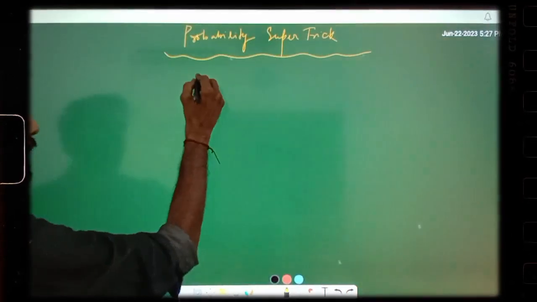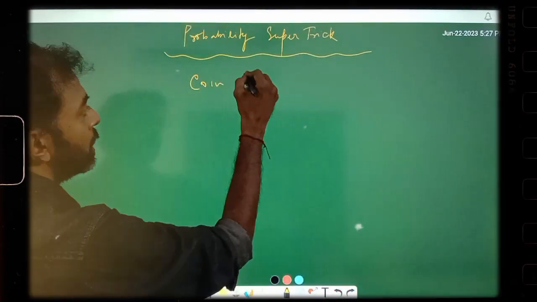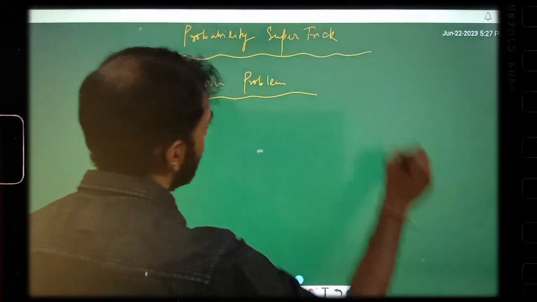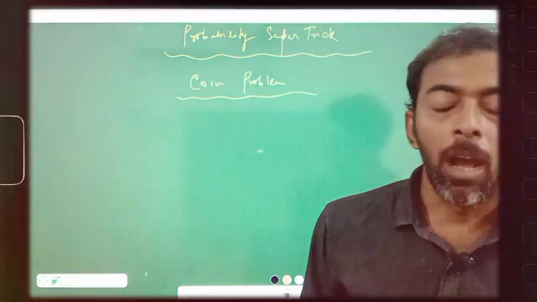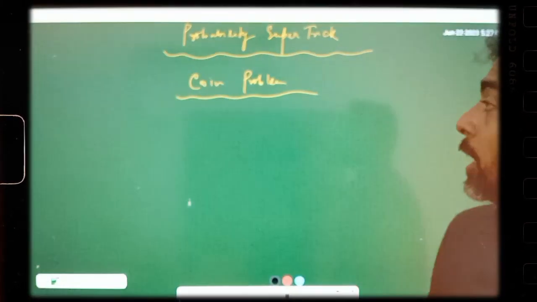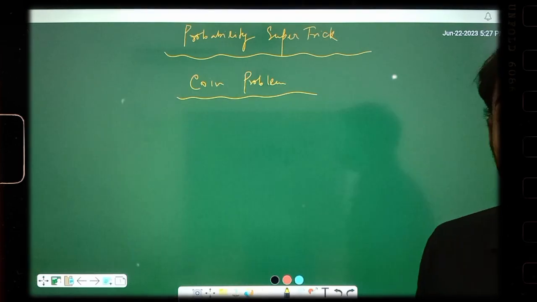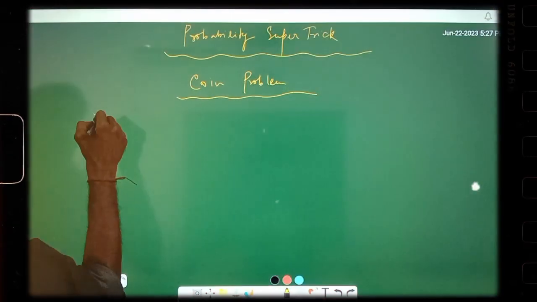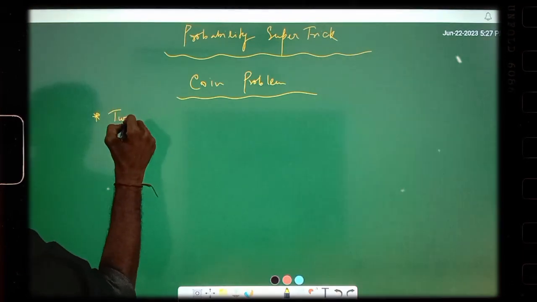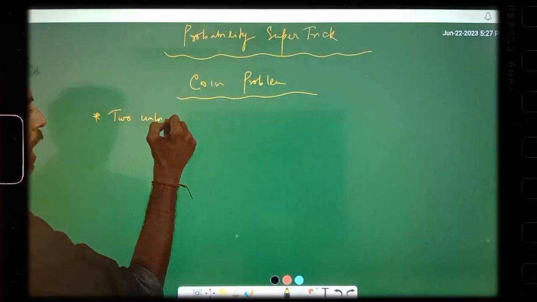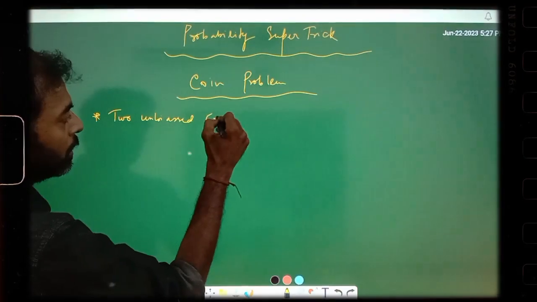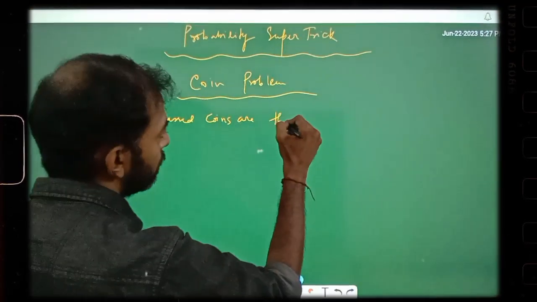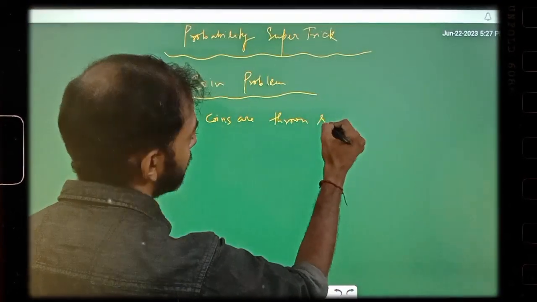We all know that coin problem is always a very important problem in this type of examination. Now, in coin problem, what will be the possible questions there? A very common question is something like this: two unbiased coins are thrown simultaneously.